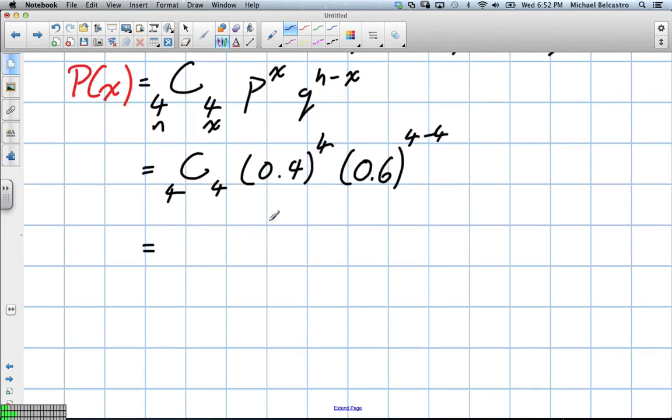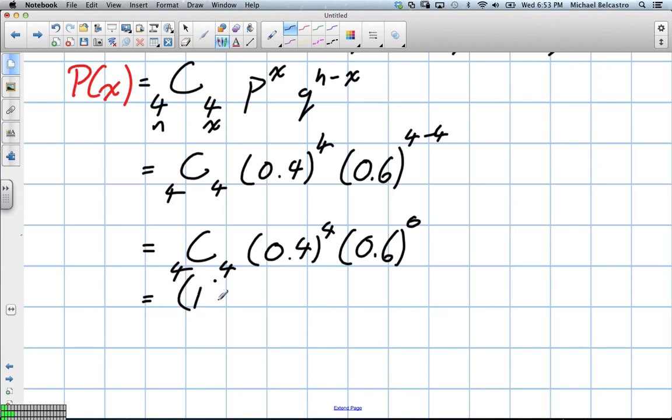So what'll happen is we're going to get 4 choose 4. Do you know what that value is going to be? 1. I think it's 1, yes. And we have 0.6 to the power of 0. Power of 0 is always 1. So this will become 1 times 0.4 to the power of 4 times 1 again.